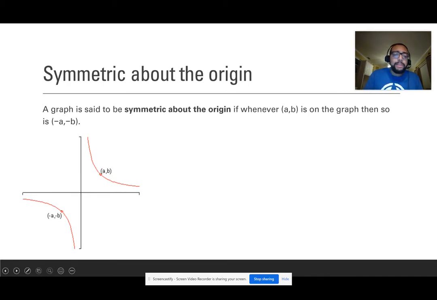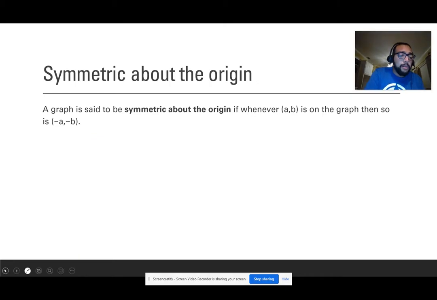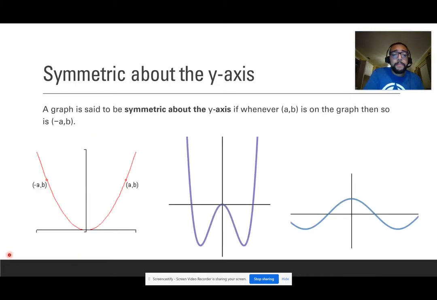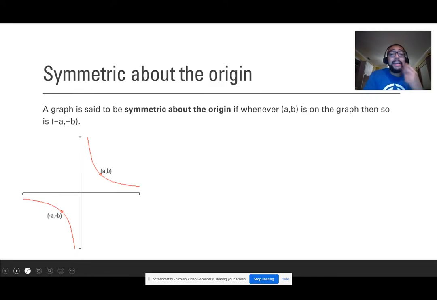The way it's symmetric about the origin, let me get the laser pointer out. Well, first off, I forgot to mention here, when we say symmetric about the y, it's essentially like a reflection across the y-axis. Okay, so think back to reflection from geometry. Same thing here, except that it's two reflections happening. It's a reflection across the y and a reflection across the x.